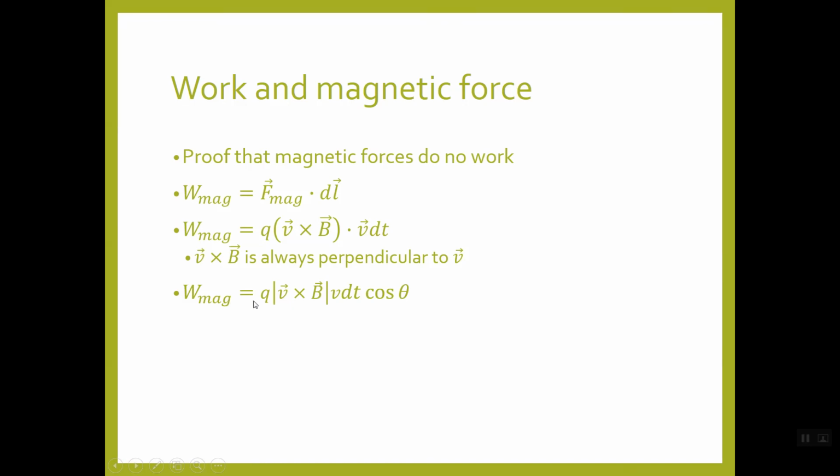So when we do the dot product, the cosine theta is the angle between V cross B and V, which is 90 degrees. So the work done by our magnetic force is always going to be 0.